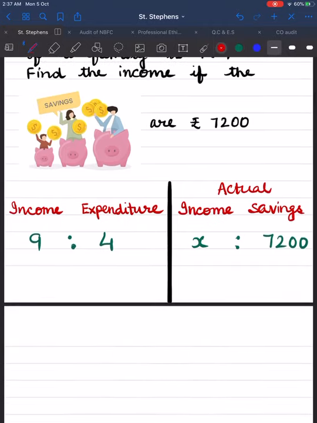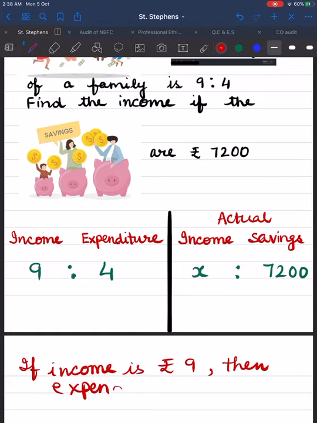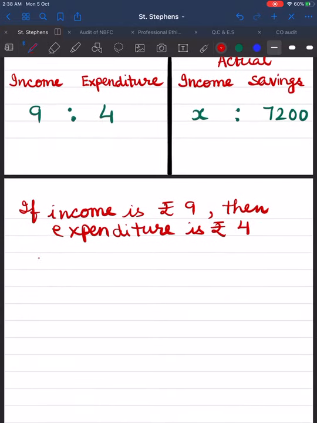Now we can understand it like this: if income is rupees 9, then expenditure is rupees 4, and we know income is equal to savings plus expenditure.